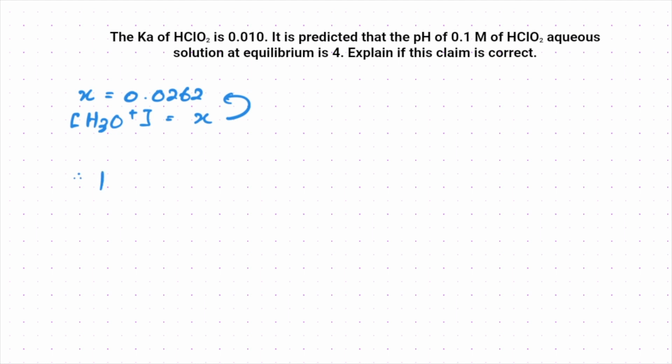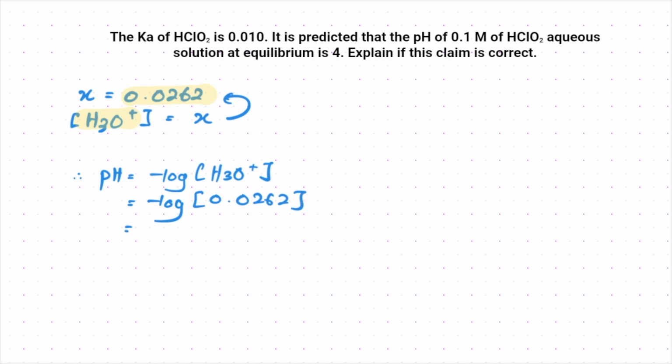Therefore, in order for you to find the pH, pH is equivalent to negative log H3O plus. Since you already know the concentration of your H3O plus, we are just going to plug in the value. So negative log 0.0262.